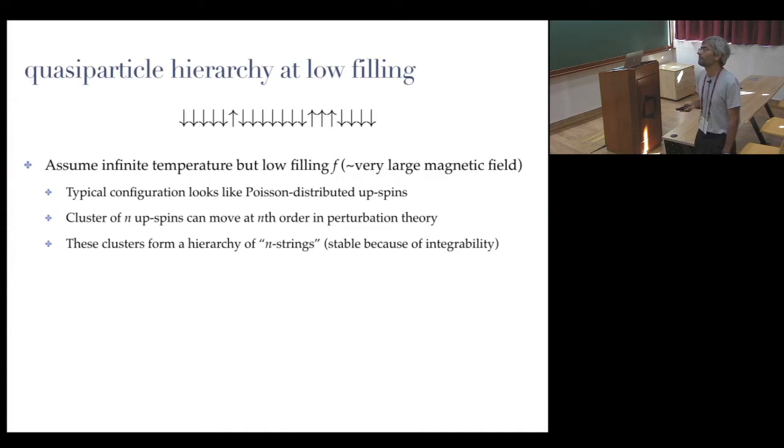And so if you look at the initial state, it has some exponentially small density of very large strings, and these very large strings are stable because the model is integrable. So that's why I need to invoke the fact that the model is integrable. So they don't disintegrate into smaller strings.